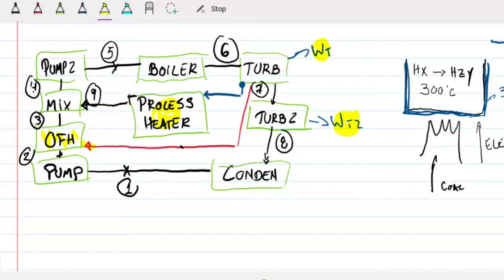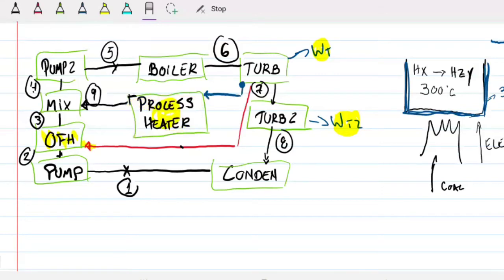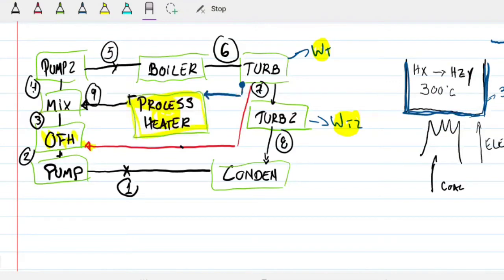The new thing on this problem is this guy here that we didn't have before. If I take away this, it is exactly what we had on the previous problem. Yes, and then I'm putting that process heater over there. So now on top of my open feed water, I also have the process heat, which is this guy here.